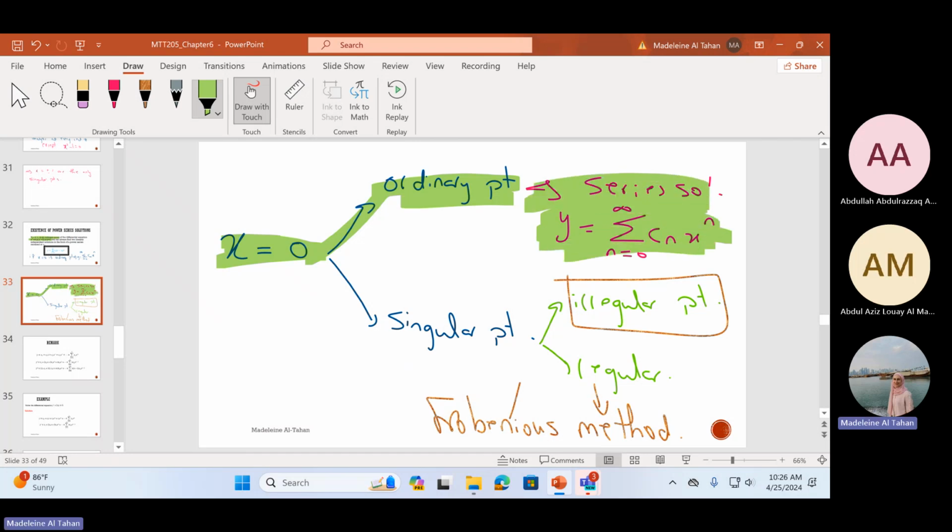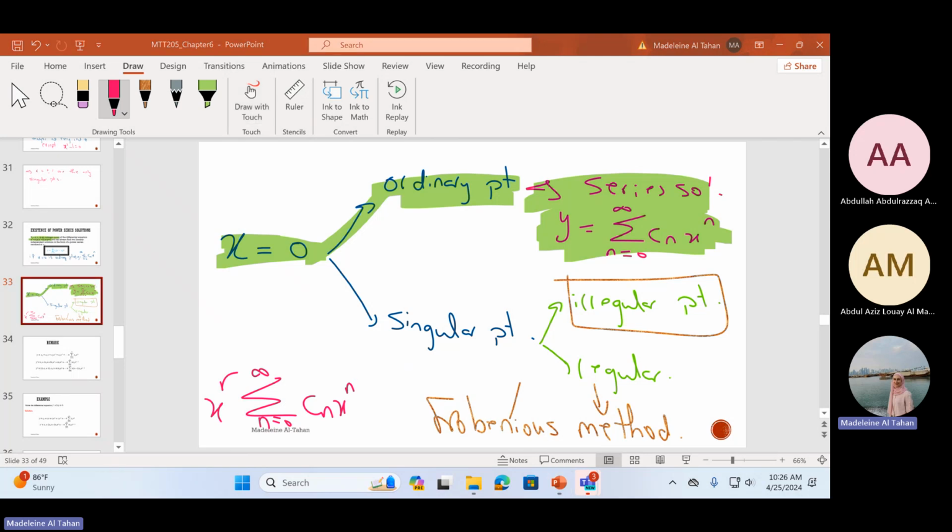I'm just putting a slide for you in case you encounter a singular point that they solved using a series, but not with this form. It will not be given in the exam. So for the Frobenius method, we will write n equals 0 to infinity Cn x power n.